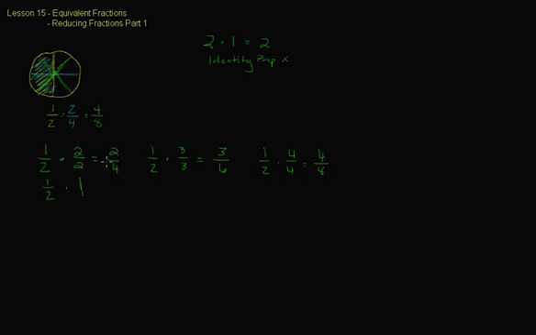So this is still the identity property because this is the same as multiplying by 1. If the numerator and the denominator are the same, it's the same as 1.